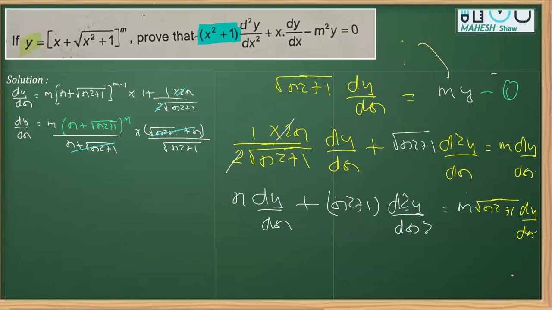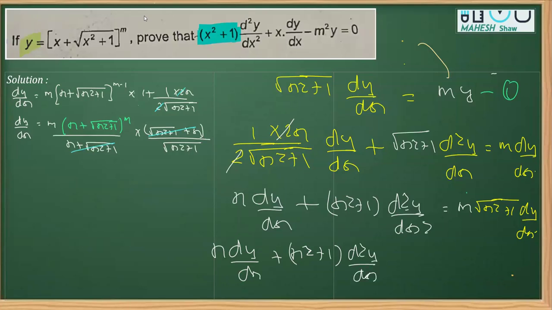So now if I proceed further, we have x times dy by dx plus x square plus 1 times d square y by dx square. And there is already m and this is my, so it's going to be m square y. So now the next step, just transpose this to the left hand side. It will become minus on the other side, equal to 0. I think we got it. Just that some rearrangement is there in the order in which it is written.